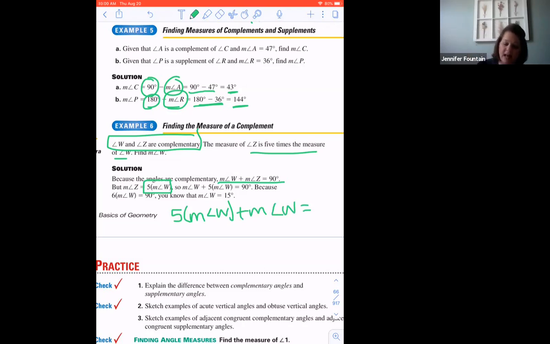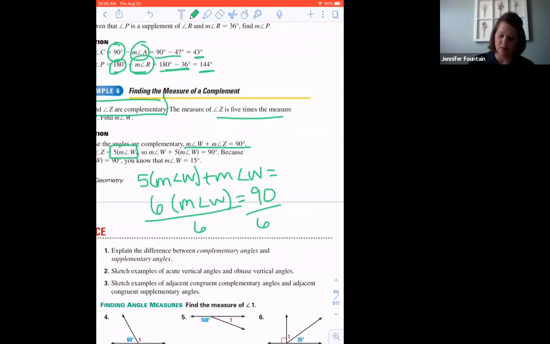I've got 5 times the measure plus a measure, so I have 6 times the measure of angle W is 90 degrees. If I divide by 6 and divide by 6, then the measure of angle W equals 15 degrees. Okay.